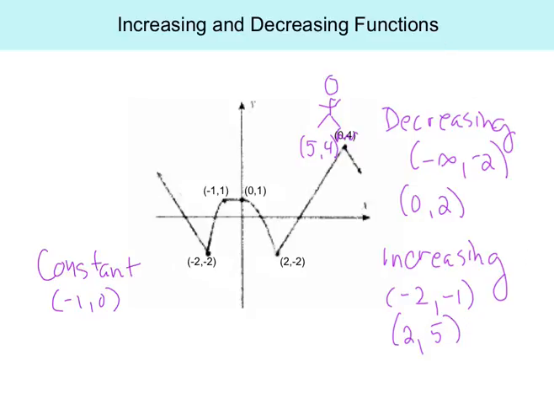And then, after that point, our person is going to have to walk downhill. So after our person gets to x equals 5, it's all downhill from there. And I'm going to add that interval on here, from 5 to infinity. So we can see, just by reading our graph from left to right, where we are decreasing, increasing, and constant. And that's all there is to that.